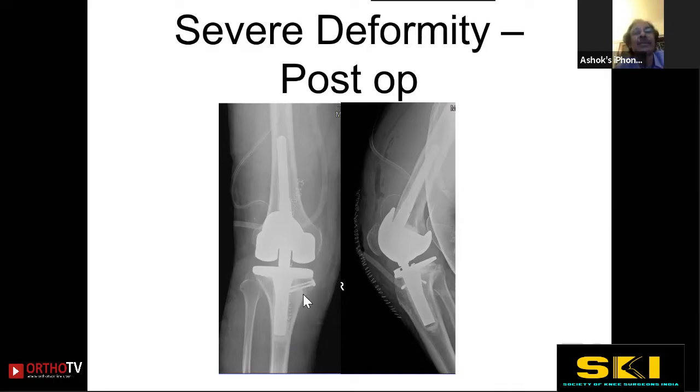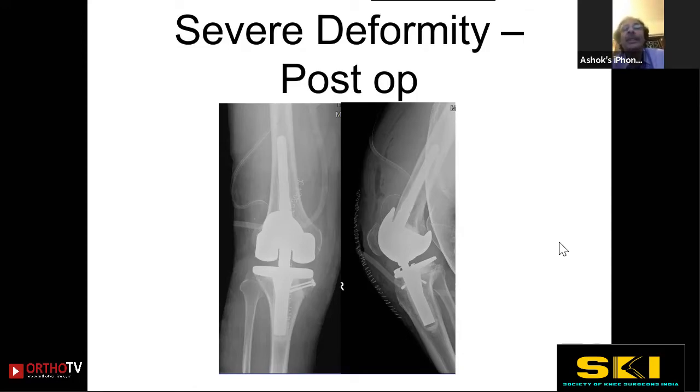Somehow I'm not a great believer in metal augments. I think all over the world, people are going off metal augments and moving more towards biological or trabecular metal options. I reserve my trabecular metal devices for cavitatory central defects or where there is bone loss.